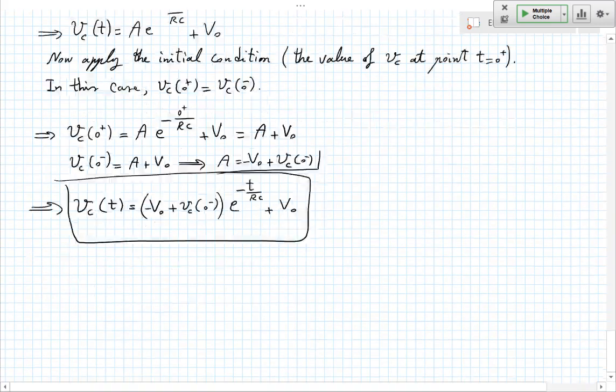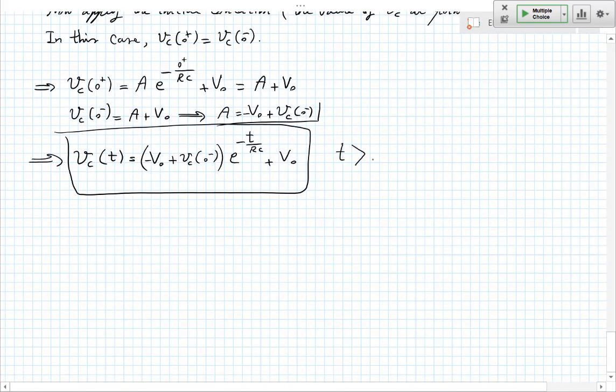And this is for all t greater than 0. So this is just a constant that has to do with the value of that battery voltage source that you had there, minus that, plus whatever the initial voltage of the capacitor was. And that's multiplying a decaying exponential. So after a very, very long time, in theory infinite time, this term has vanished, and the capacitor has become fully charged to voltage V naught.